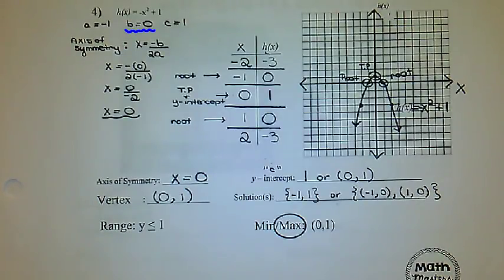You have your roots, you have your vertex. For our range, remember, we look at this, it's going to be less than or equal to, and then you take the y value of your vertex. Okay, I know I'm going through this kind of fast, but again, I'm just trying to point out all the different types of questions you will have, or you may come across.